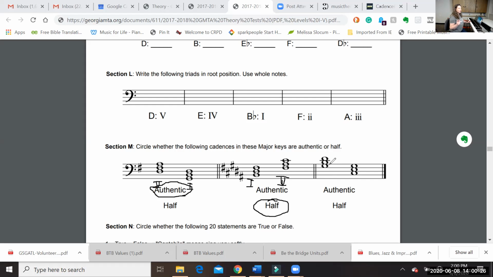So I have to think, okay, if I'm starting in the key of C major, that G chord is which chord in C major? Well, G is the 5th tone of the scale. If we build the chord on it, it's the 5 chord. So I'm going to label this first chord as the 5 chord.